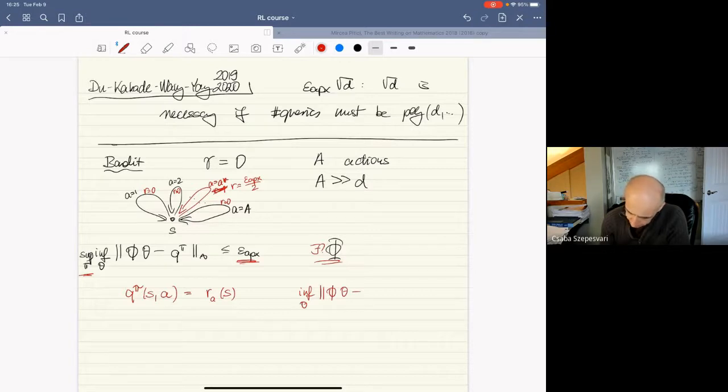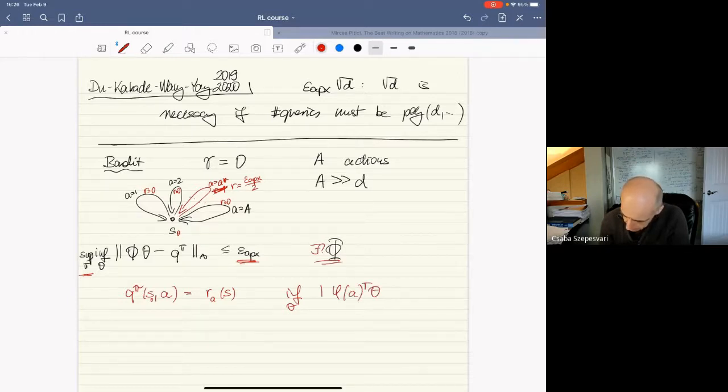Let me try this in a more precise way. So inf over theta of, I'm still going to write this lonely state, call it S naught. Okay, you know what? I'm going to suppress the state.